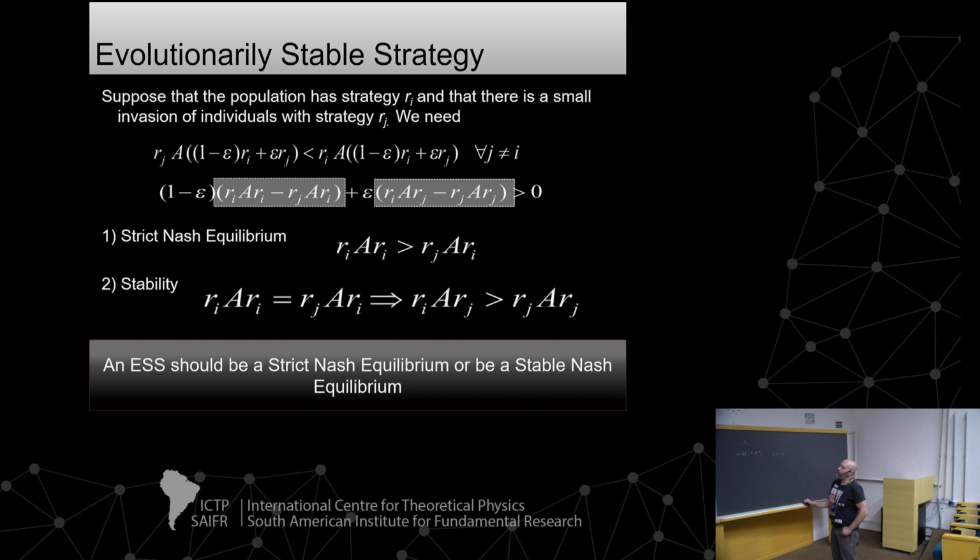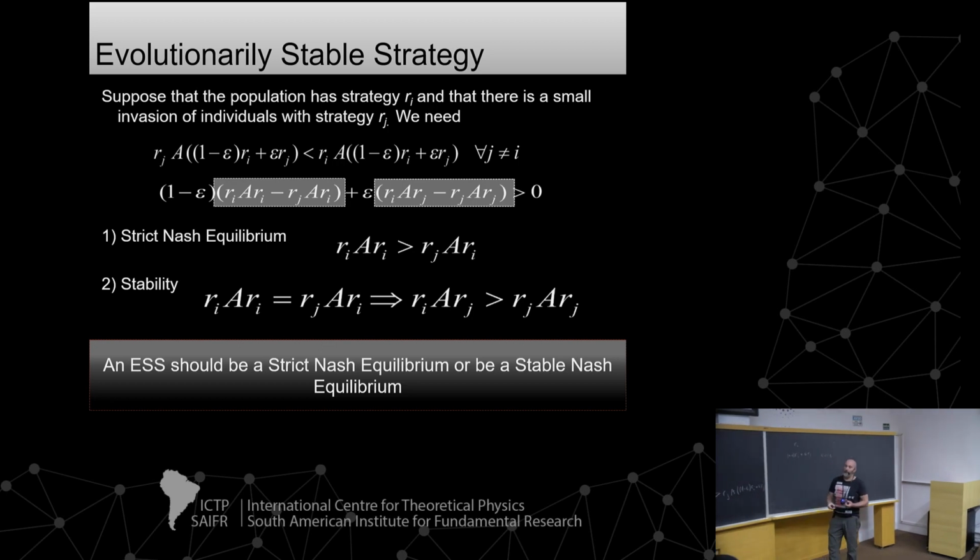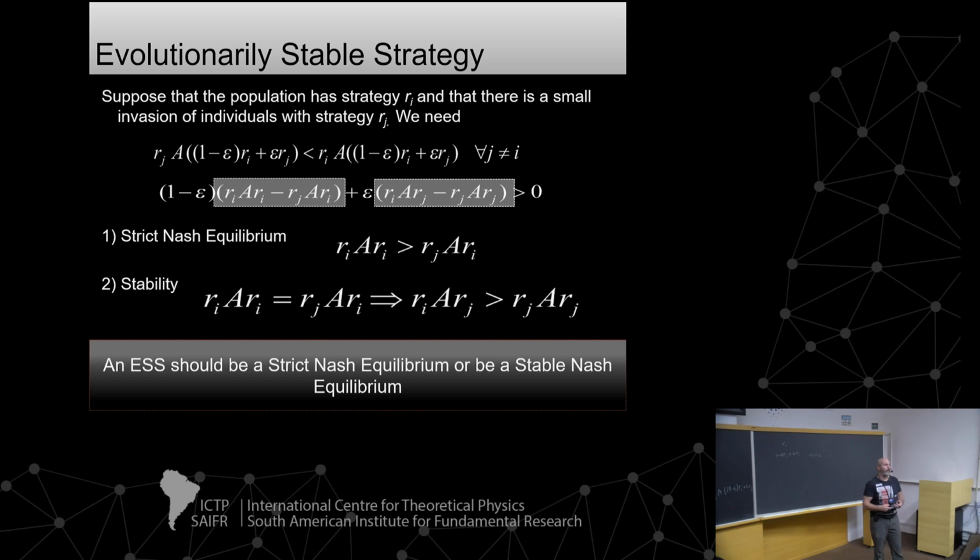But if this condition is not fulfilled because this is equal to 0, then I need to fulfill this other condition, and this condition is called the stability condition, and then Ri is a stable Nash equilibrium. So by doing that, we can link the idea of evolutionary stable strategy to the concept of a Nash equilibrium.